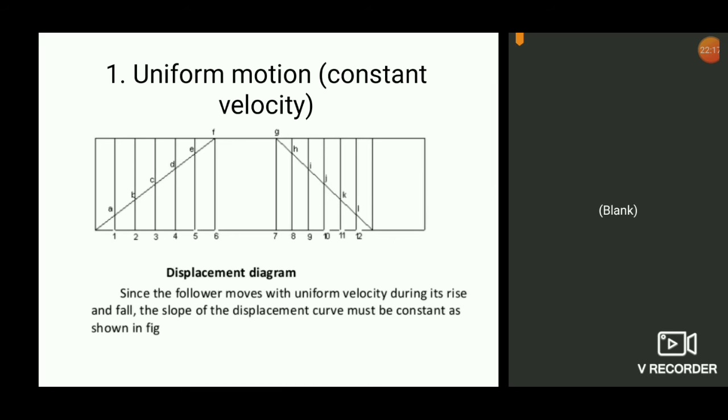In the displacement diagram, first of all we construct a rectangular box, and this rectangular box denotes the rotation of the cam. For example, when a cam completes one rotation, that is 360 degrees, how is the follower moving?